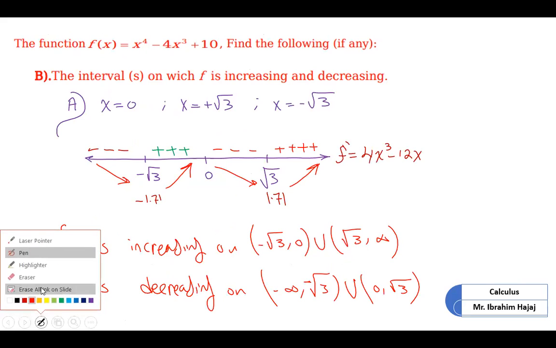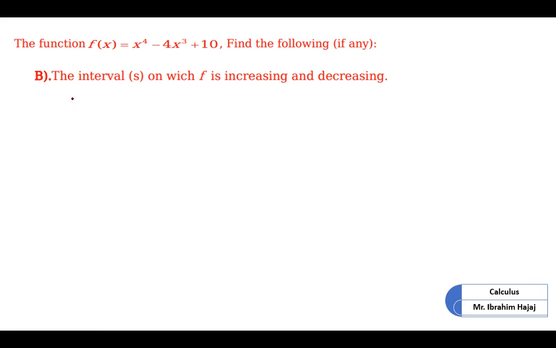We're going to change everything here. So find the interval or intervals in which f is increasing, decreasing. It depends on letter A, where we have x equals 0 and x equals 3 as two critical numbers.